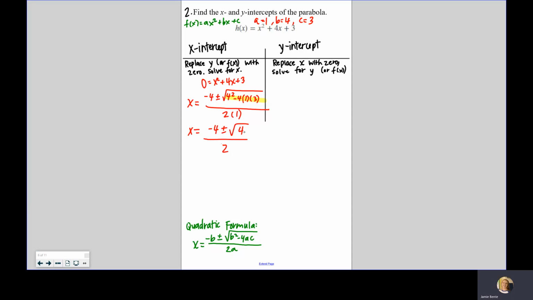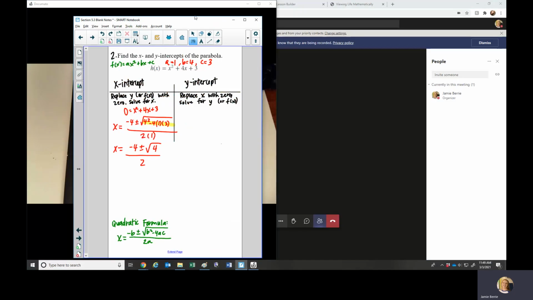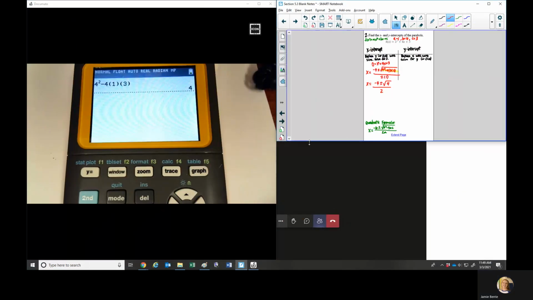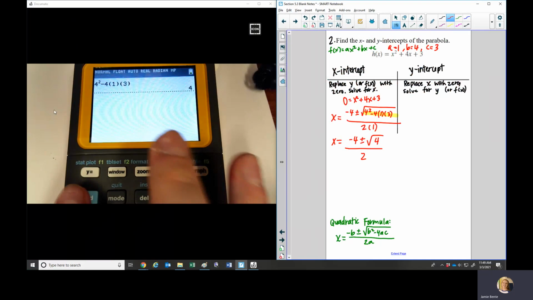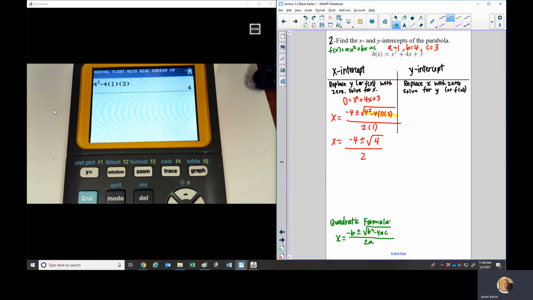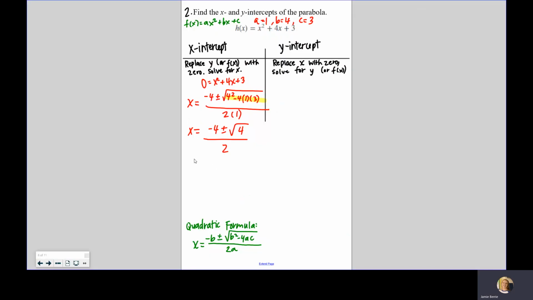We know that the square root of 4 is 2. You could check that on your calculator if you wanted to. So we have x equals negative 4 plus or minus 2 over 2.